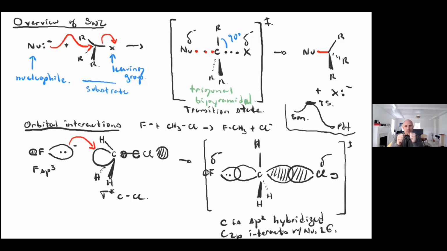What you actually have, and I'll show you this with some Spartan modeling, is your nucleophile's coming in and it's just starting to interact with carbon, and because the carbon's picking up this extra electron density into the antibonding orbital, the C-X bond of your leaving group is lengthening. It's getting weaker and weaker and weaker.